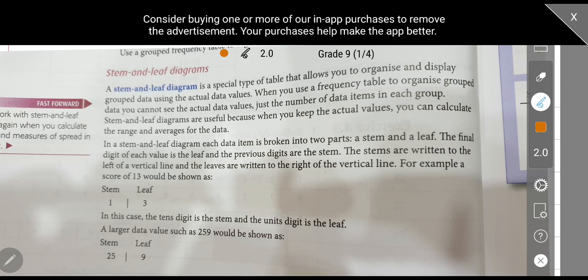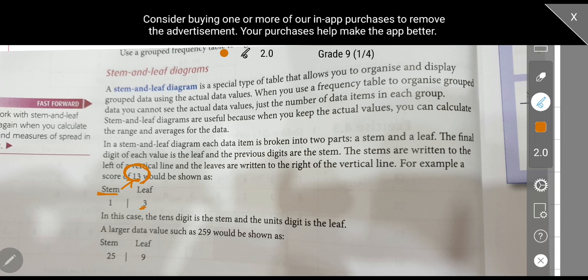Let's look at the stem and leaf diagram. Each data value will be broken into two parts, a stem and a leaf. The final digit of each value is the leaf and the previous digits are the stem. Which means that if I have the number 13, the tens digit, which is 1, will be the stem, and 3 will be the leaf.